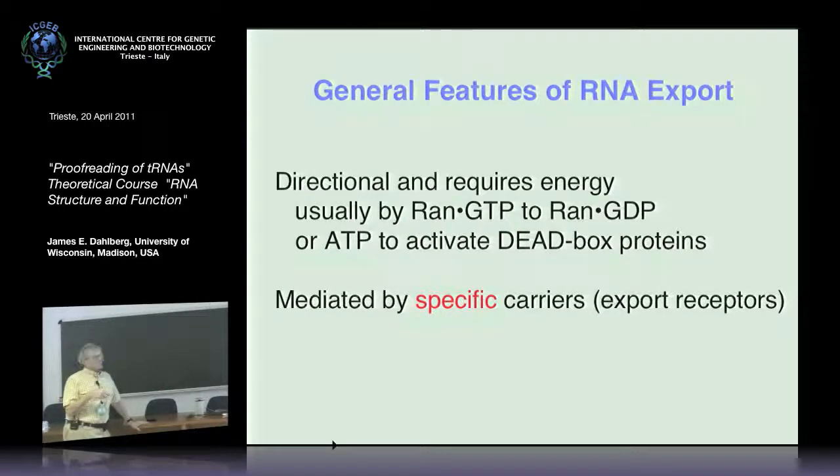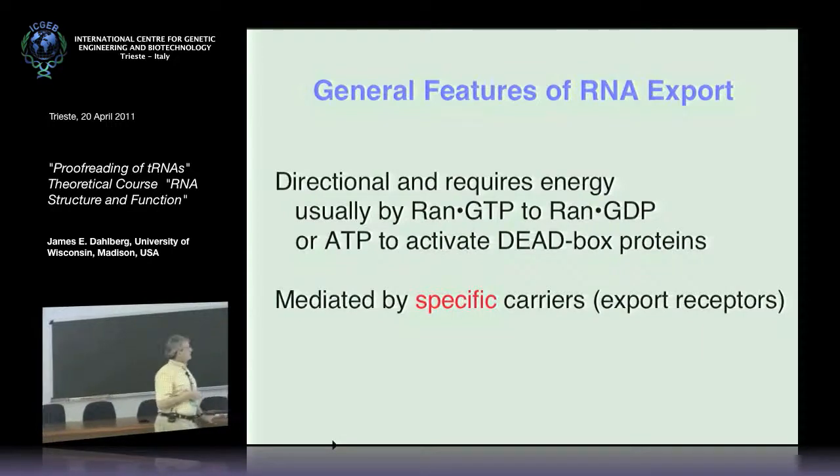And there are two different sources of energy depending on the RNA. GTP is often hydrolyzed to GDP in conjunction with the protein that shuttles back and forth, which is called RAN, and I'll get into that in a minute. And then there's also ATP hydrolysis that is involved primarily in messenger RNA export.